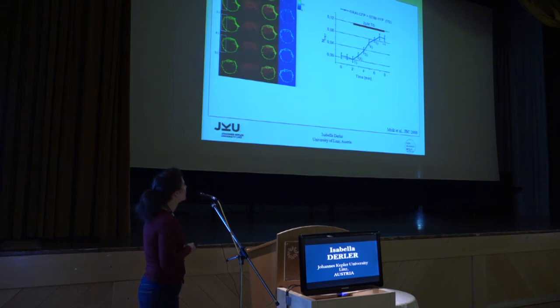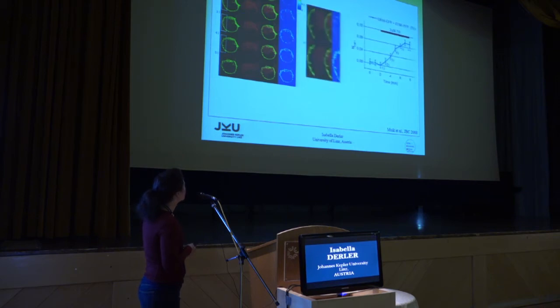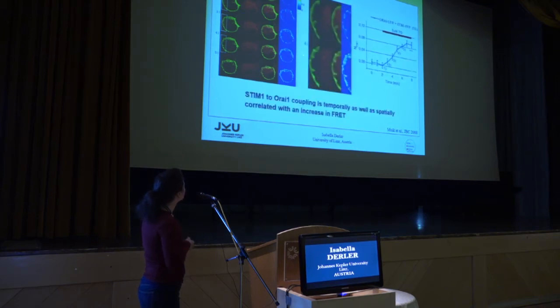When we apply again thapsigargin to deplete the stores, we get again this altered localization of the STIM protein. It's more in puncta compared to here. The ORA protein also moves somehow in puncta, as you see it here and here, for example, and an enhancement in FRET. And also in the magnified image, you see from 1 to image 4, the strong enhancement in FRET.